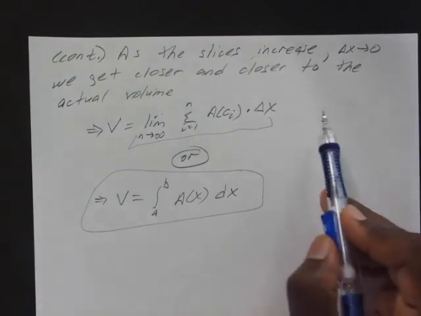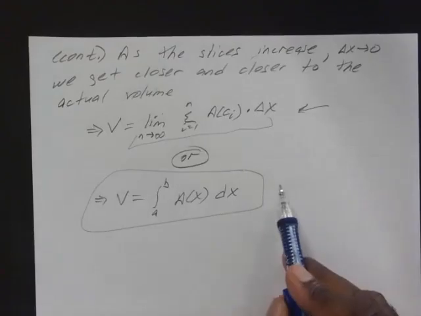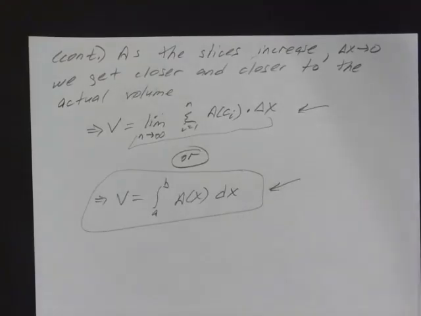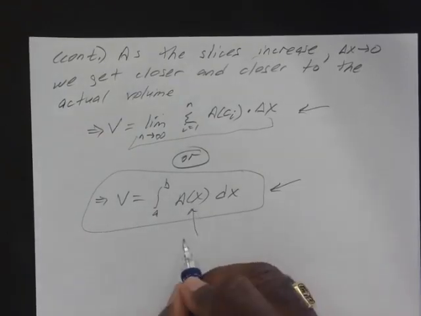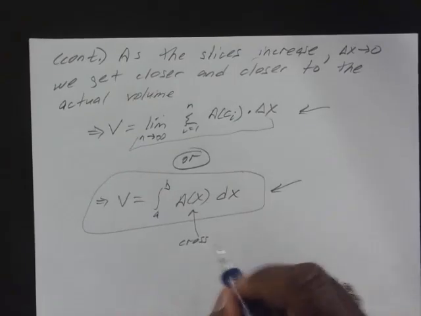I mean, you can use this if you want to, but I would prefer this one. It's a little easier. Remember, this is your cross-sectional area.